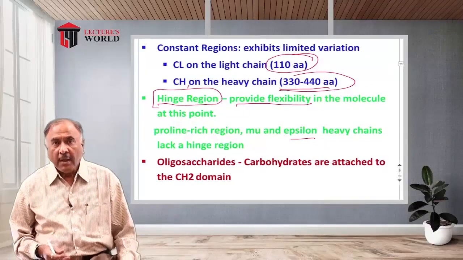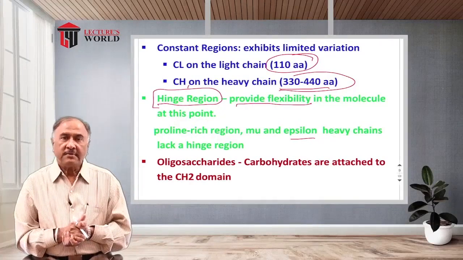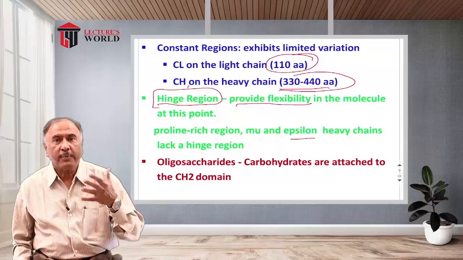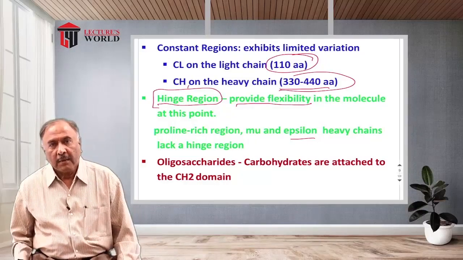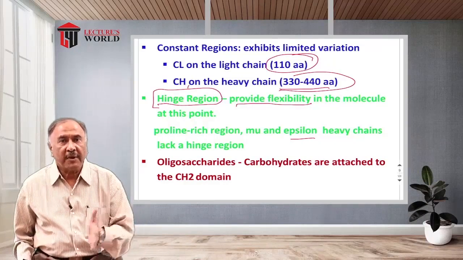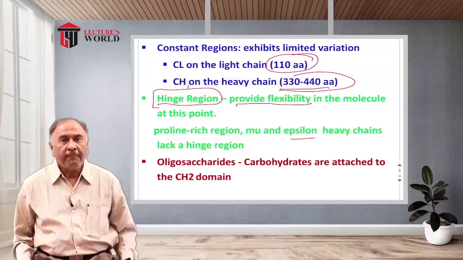Now, I told you in the definition that immunoglobulins are glycoproteins. Then you may ask a question that so far what we have discussed are the 4 peptide chains. Where is the sugar?